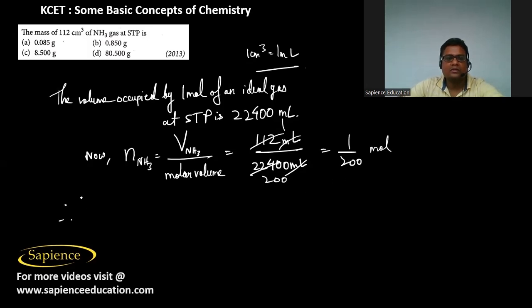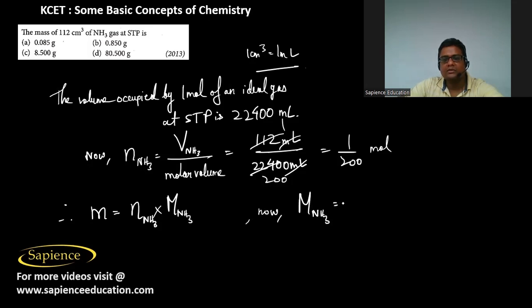Now, therefore, the mass of this much volume will be equal to the number of moles of NH3 times the molar mass of NH3. Now, the molar mass of NH3 will be equal to 14 plus 3 gram, that is 17 gram.